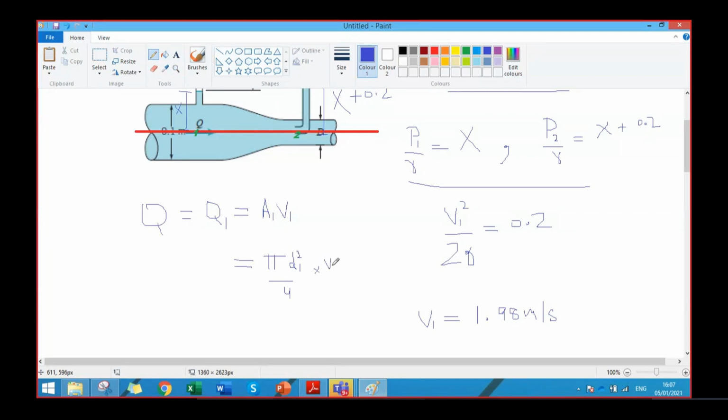And when we solve, we get 0.0156, or 0.016 meter cube per second. Is it clear?